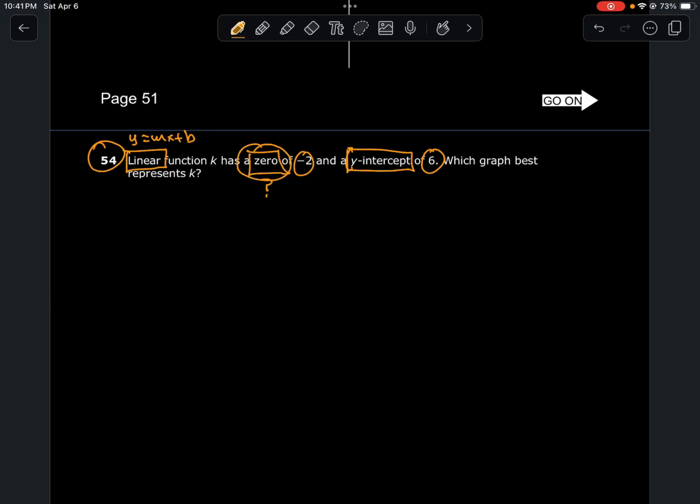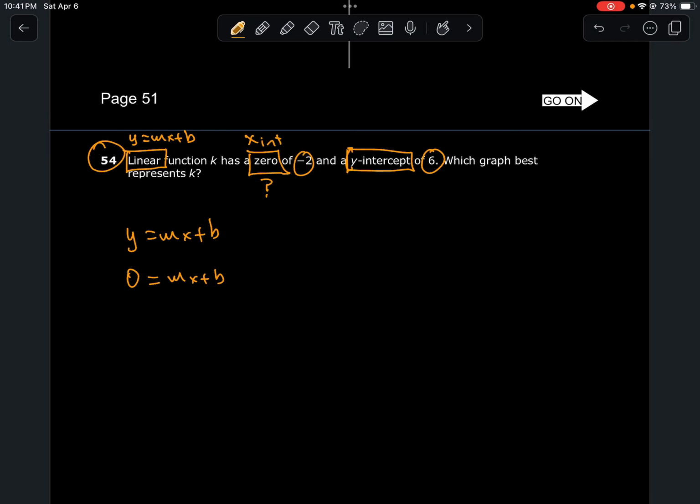What they call a zero is actually the x-intercept. How is that? Well, to find the x-intercept, when you have the mx plus b, for example, you have to set y equals 0, and then you write it like that, y equals mx plus b. Because to find the x-intercept, because it's on the ground, y equals 0.